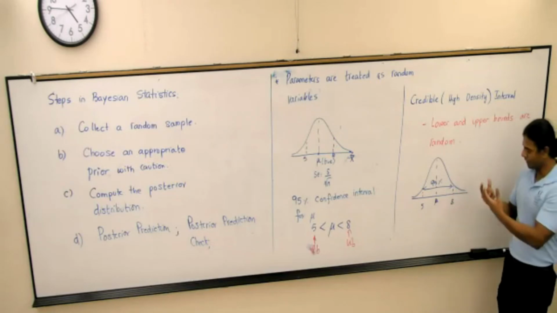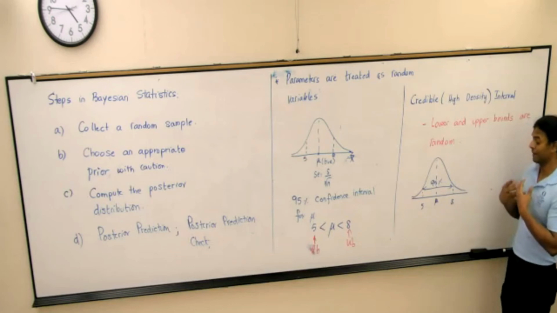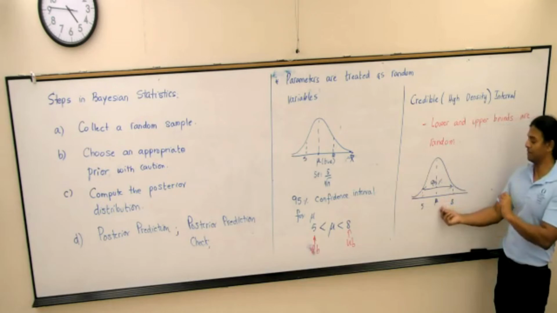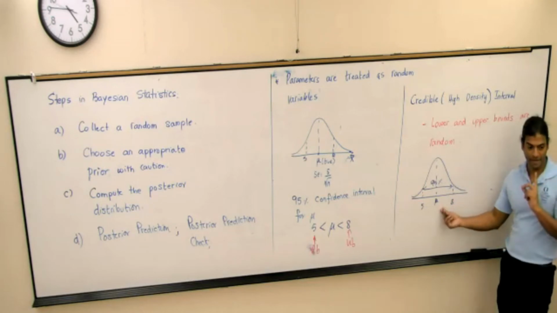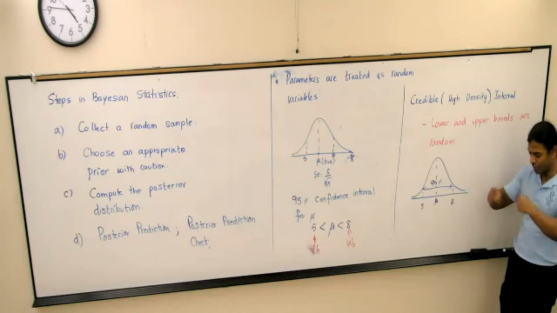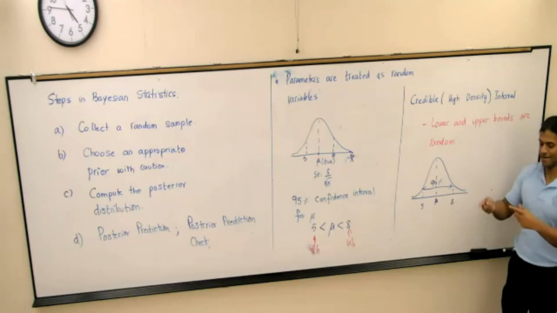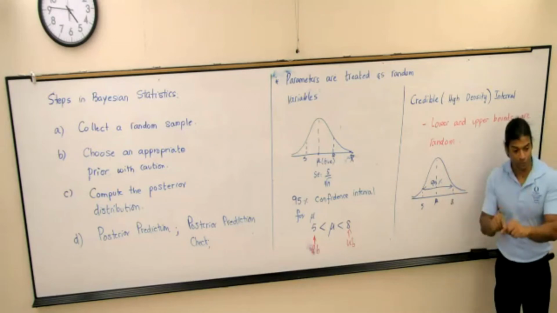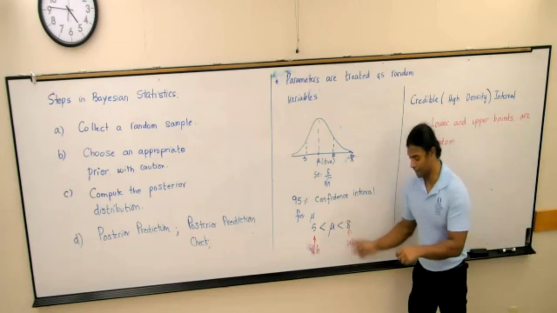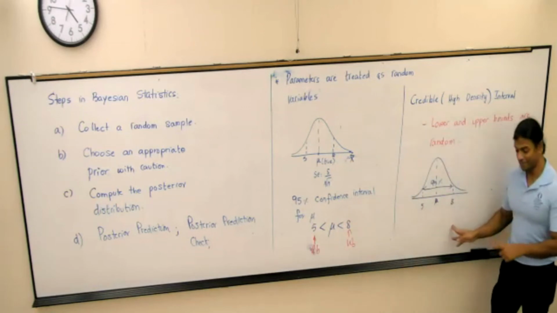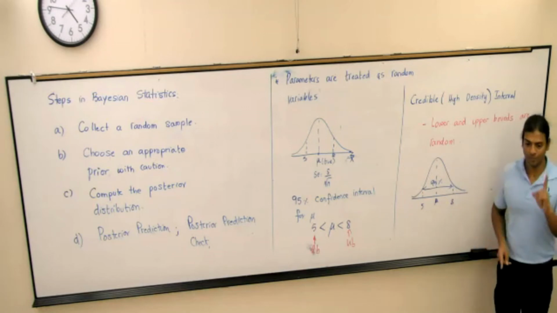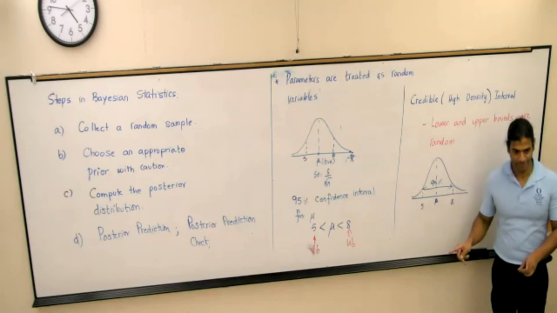So based on the choice that we have, we will say there is a 95% chance that the mean will lie between 5 and 8. We're not saying that we sample it over and over again, then 95 out of those 100 samples will produce a mean that would lie between 5 and 8. We're saying there is a 95% probability that the mean would lie between 5 and 8.